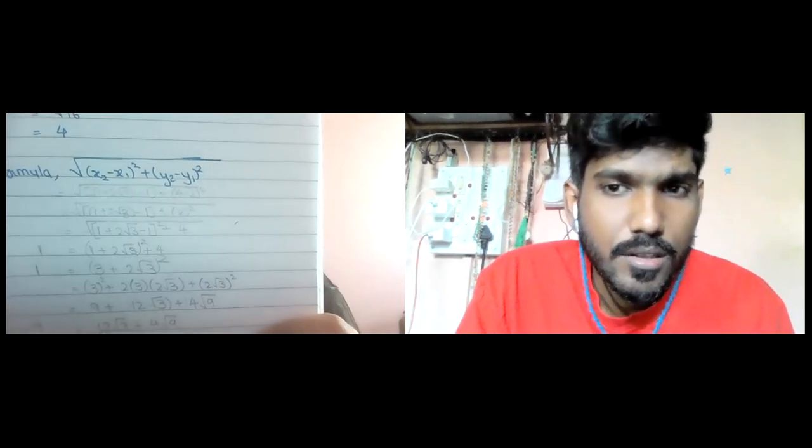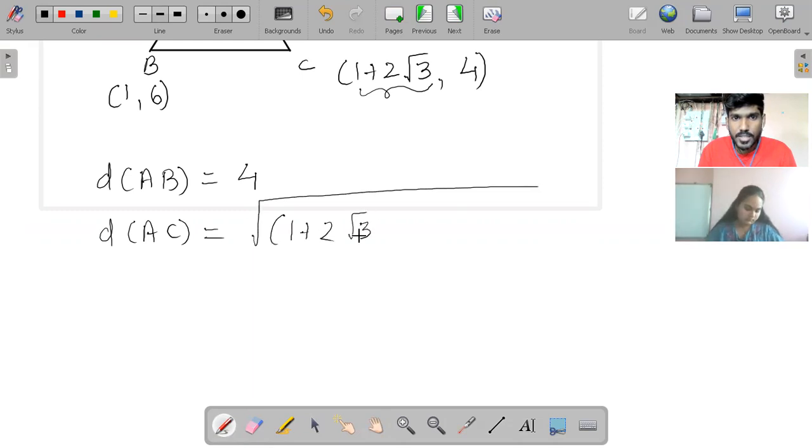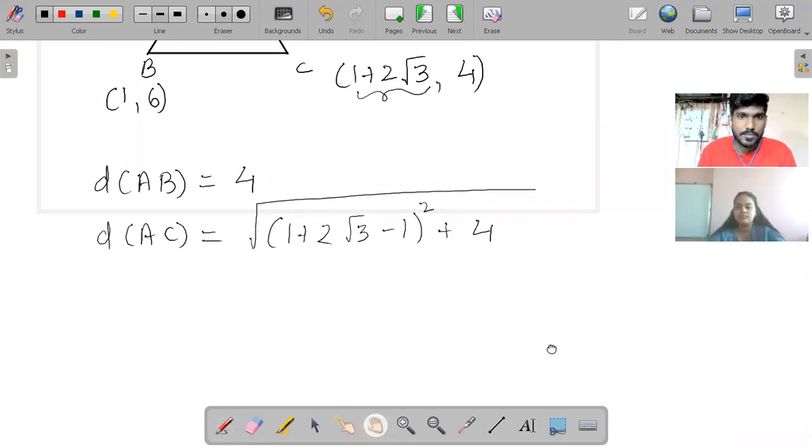Okay, one small mistake you have done. Can you tell me up to the step that you have done? I think you got 1 plus 2 root 3 minus 1 the whole square, plus 4.